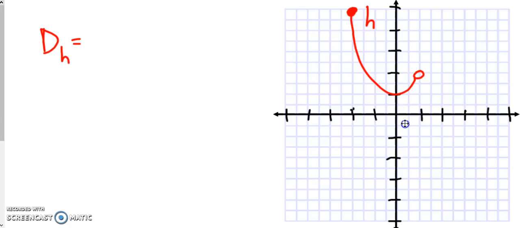Domain of H. How about -2? What kind of marks do I need? All right. Because that end's closed and that end's open. Okay, that sounds good.